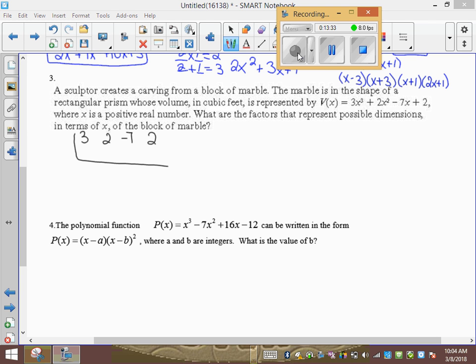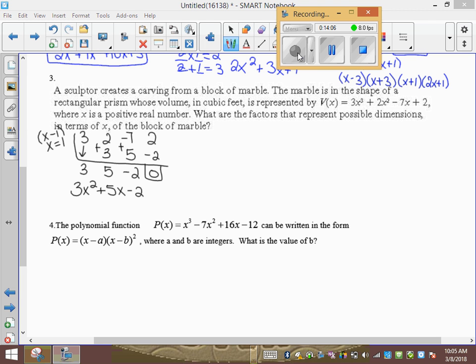That would have been really quite terrible. X equals 1. So my factor is x minus 1. Drop the 3. 1 times 3 is 3. Add it. 2 plus 3 is 5. Multiply. 1 times 5 is 5. Add it. Negative 7 plus 5 is negative 2. Multiply. 1 times negative 2, negative 2. We're happy. 1 less. So 3x squared plus 5x minus 2.